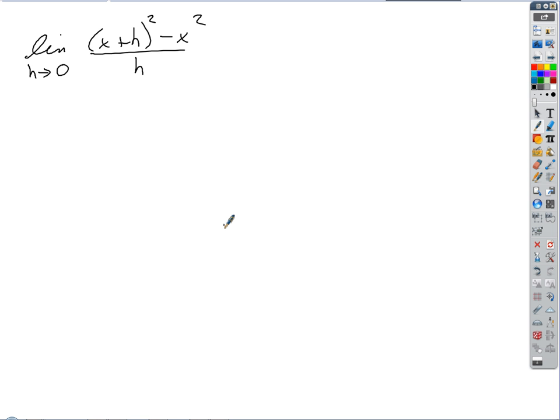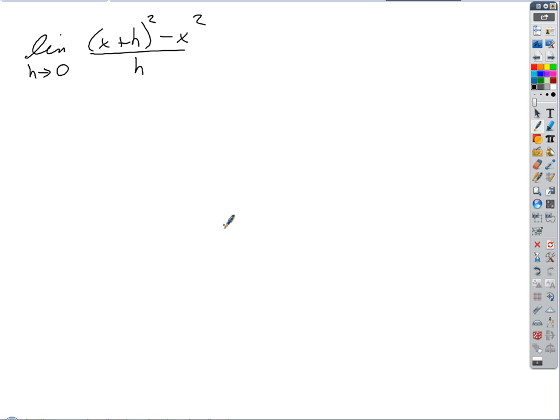What is the variable of the limit? H. Insofar as the limit is concerned, x is a constant here, right? The limit is acting on the variable h. We're taking the limit as h goes to 0, not as x does something this time. A little different. So think what's going to happen here then.